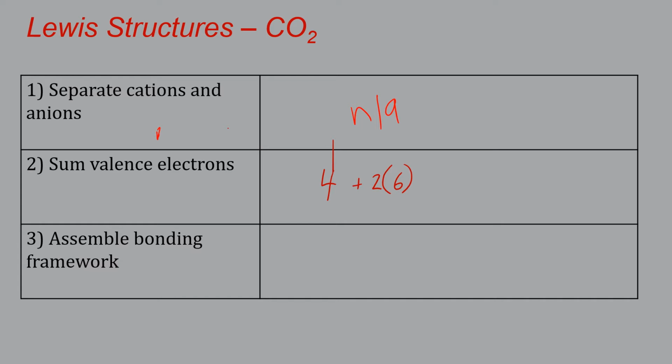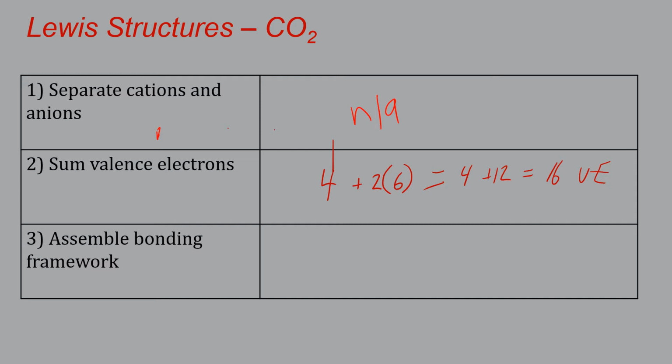And that gives us 4 plus 12, 16 valence electrons.